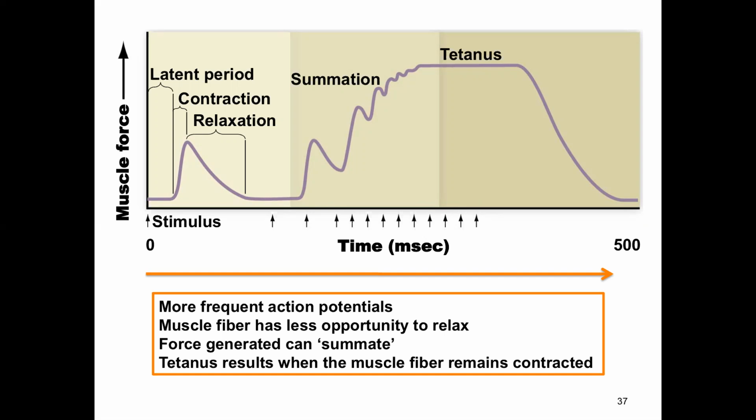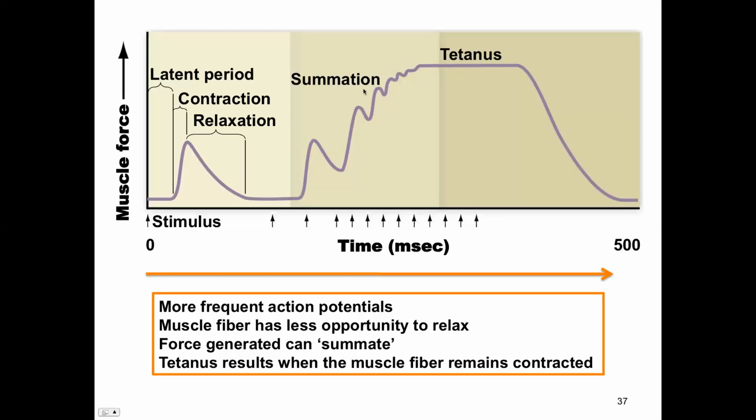Okay, so what can end up happening is that we can take all of these twitches and we can add them together. So the more frequently we have twitches, and the less time that a muscle has to relax, they are going to summate or add together until we get a full force contraction, which is called tetanus. So all of these twitches are going to come together.